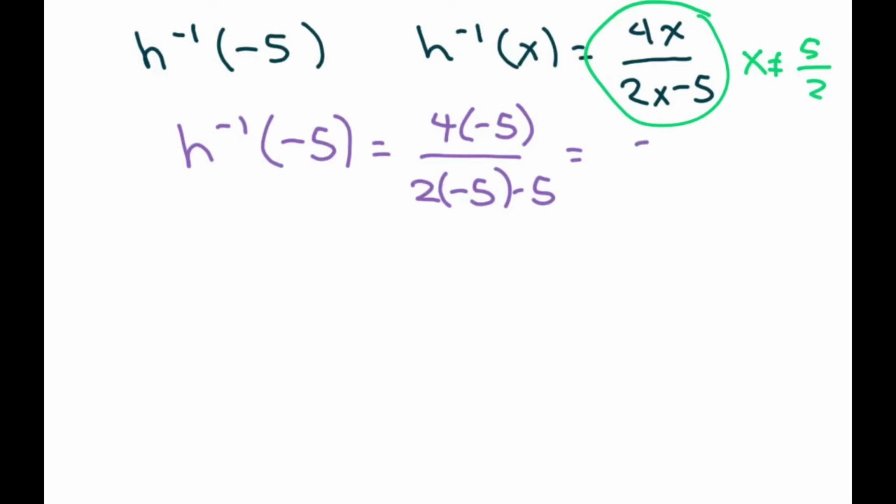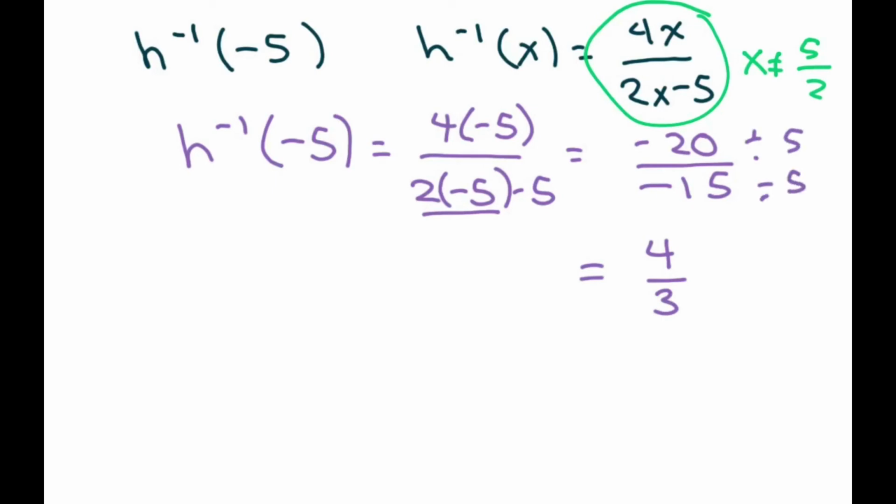So we get negative 20 on the top in the numerator. Negative 10 minus 5 is negative 15. That's going to turn positive, and I can reduce that by dividing both these pieces by 5. Yeah, that just made it worse. So anyway, just simplify that.